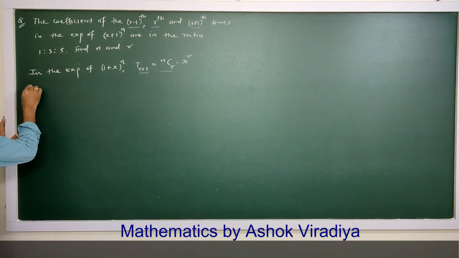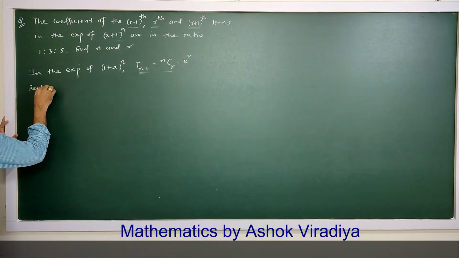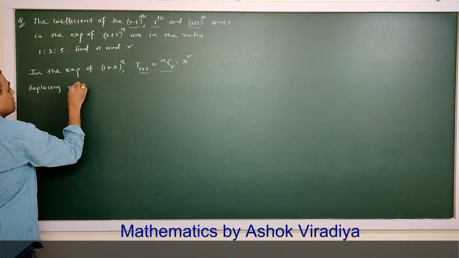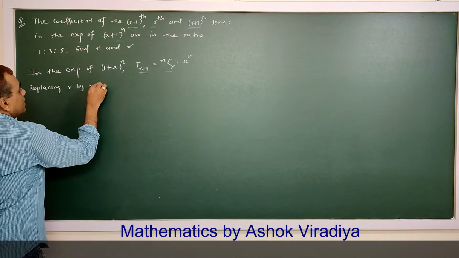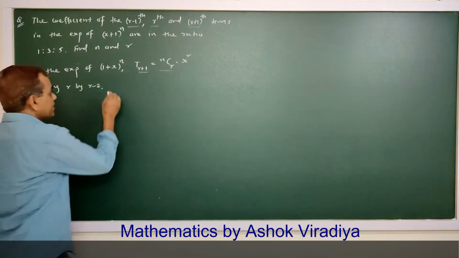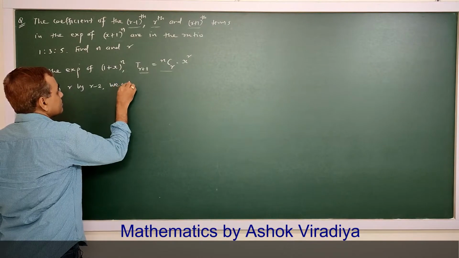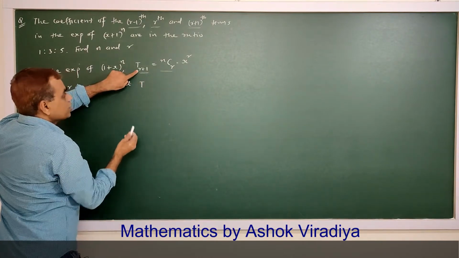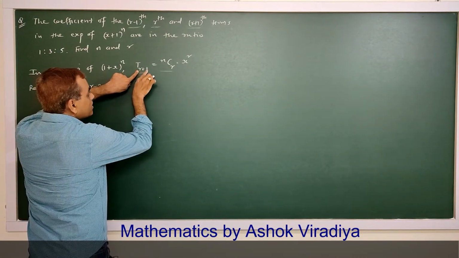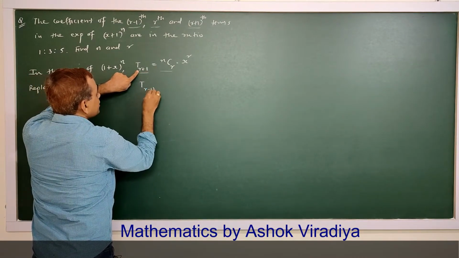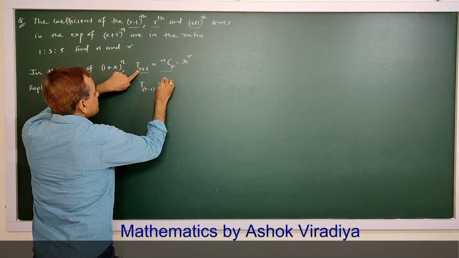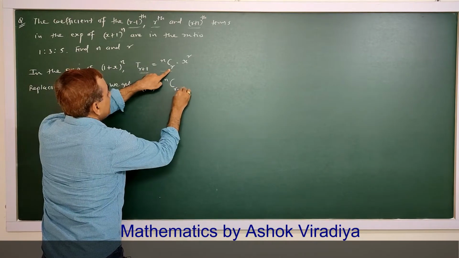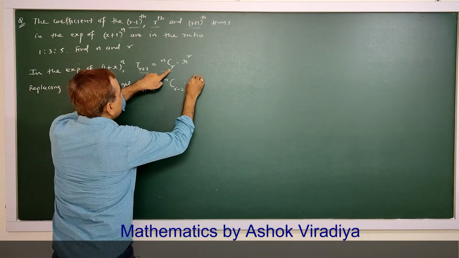So replacing r by r minus 2, we get, now here I am replacing r minus 2, so r minus 2 plus 1, that is r minus 1. Similarly, the same value here, I replace this r by r minus 2.